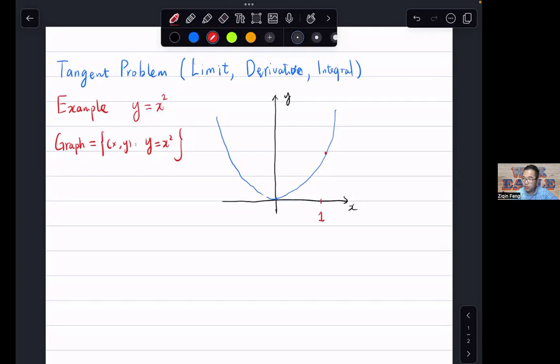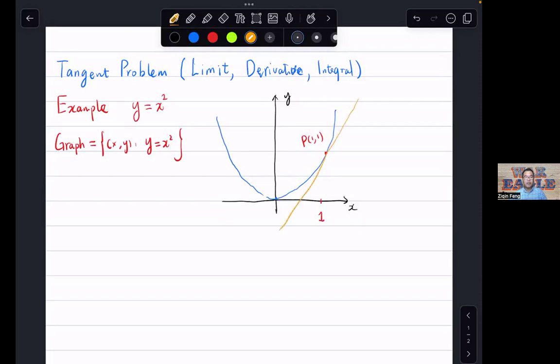Let's call that P. Our point P has x value 1, y value 1. We want to sketch the tangent line. A tangent line means touching the blue curve but never crossing it. So this is our tangent line here.